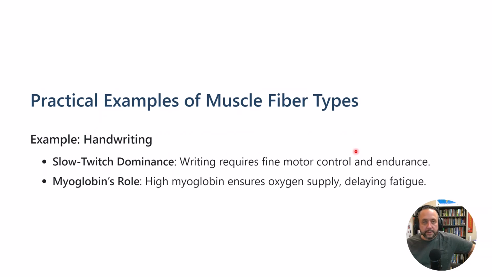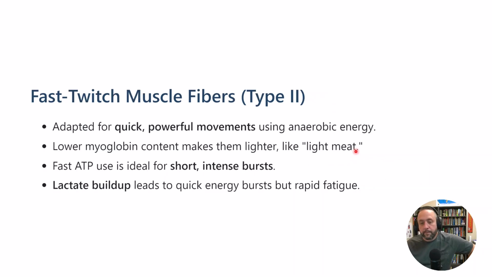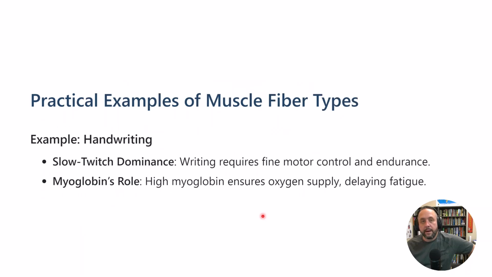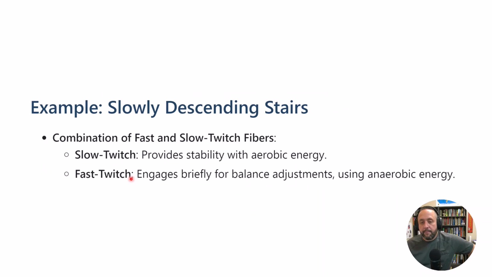Here are some practical examples again to hopefully help illustrate these concepts. Imagine you're going to pick up your pen and write an assignment out. So that would be slow twitch. Endurance. Your hand might get tired after a few hours of writing, but it can hang in there. Myoglobin's role, I've already kind of stated that.